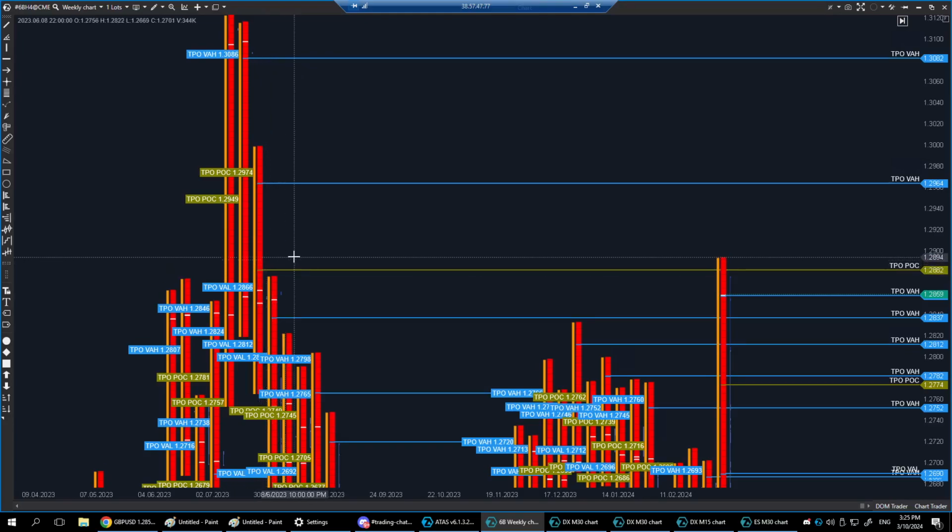So yeah, there's a logic to all this stuff, you know. We came up to this TPO POC. Okay, good. 2960 is the next. So we've got quite a confluence there as well. So 2960 up to 2970.